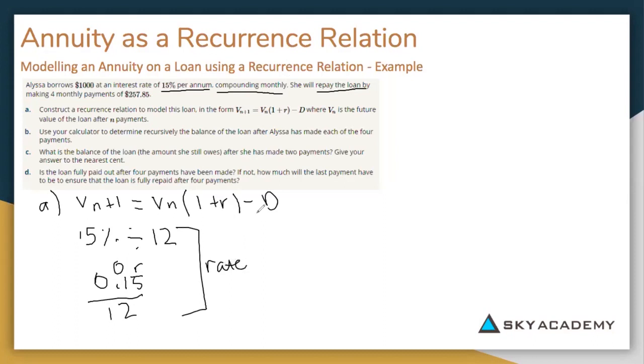We can calculate what that would equal, so get your calculator out and pop in 0.15 divided by 12. Our rate would equal 0.0125.